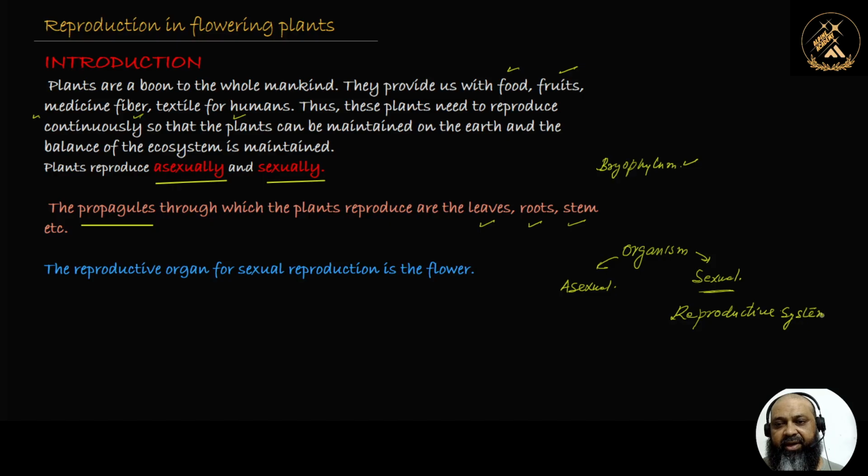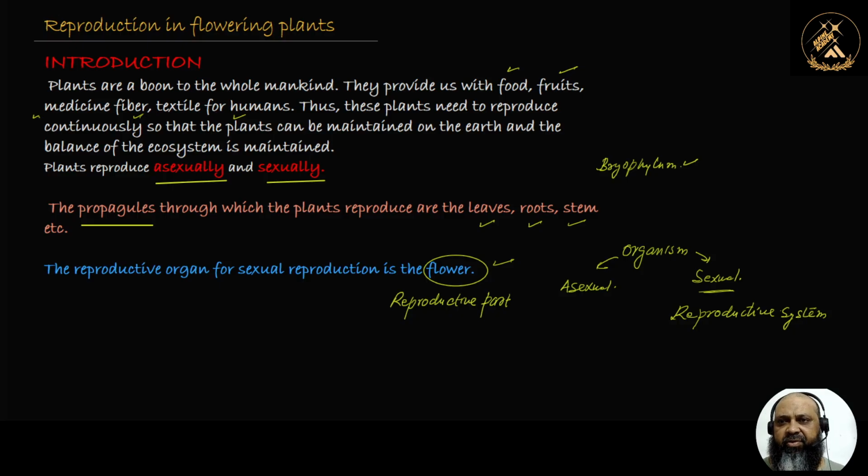But students, in the case of plants, that is the flower. The flower is the important reproductive part of the plant. Plants can reproduce sexually only by this particular structure.